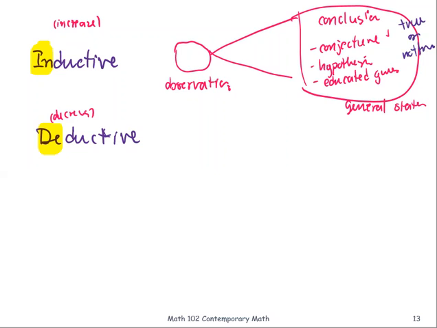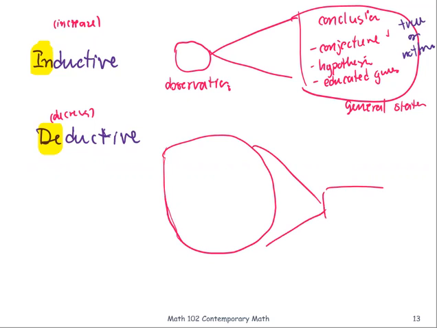For deductive reasoning, I use the key term D, like decrease. This one is based on the general statement or the bigger population, and then makes a conclusion for the smaller group. So this is based on one or more general statements, and you make a conclusion.